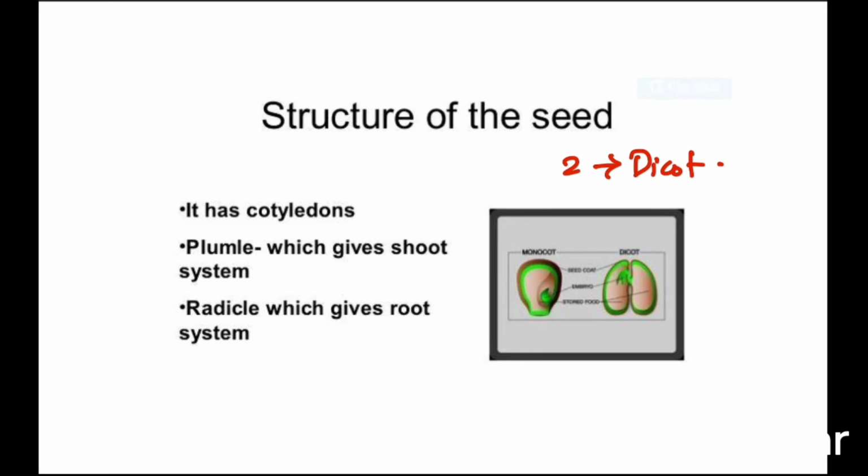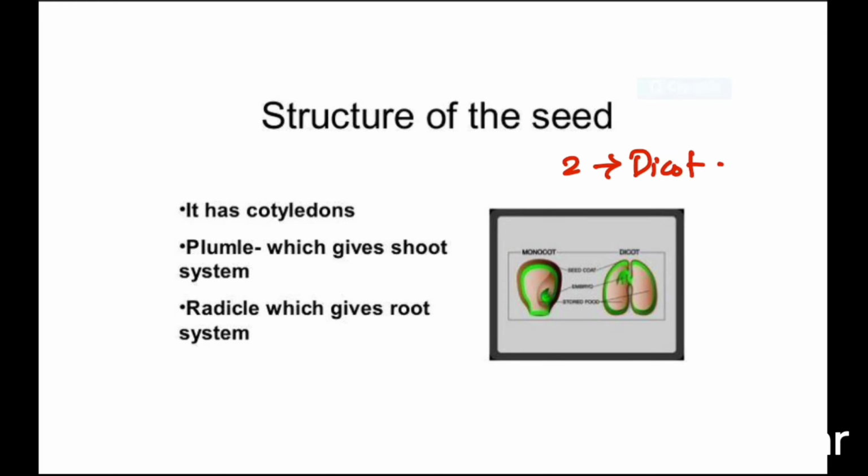At the time of germination, the cotyledon, which is yellowish in color, changes its color to green, does the first photosynthesis and prepares food for the developing embryo. That's why it is a leaf-like structure, and we call it the early seedling.